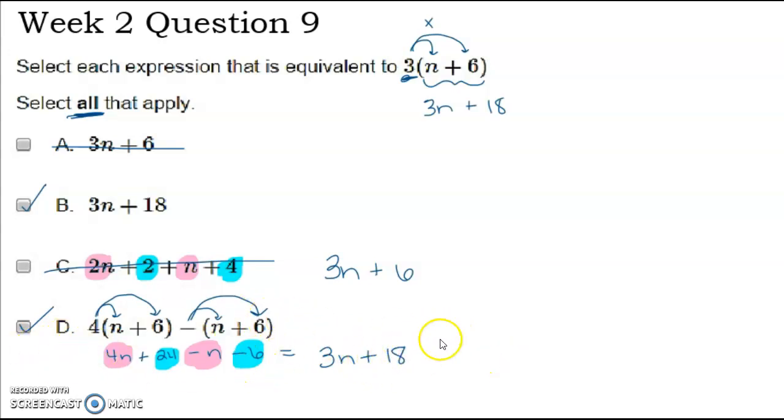So this is the same thing. It just looks a little crazy. But if you're not comfortable with this, and you understand that 3 times n plus 6 is the same thing as 3n plus 18, that is the most important thing. As long as you understand how the distributive property works, you're golden.